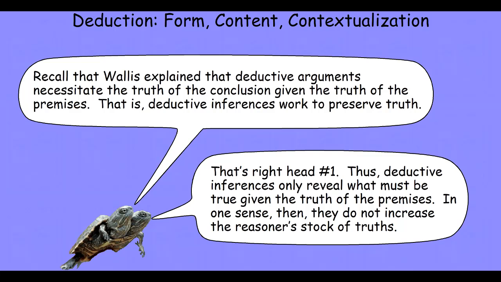Now, some people think that this makes deductive inferences uninteresting. It makes them non-amplitive, but it doesn't make them uninteresting. Deductive inferences will only reveal what must be true given the truth of the premises or given the truth of our initial information. In one sense, then, they really don't increase our stock of truths.